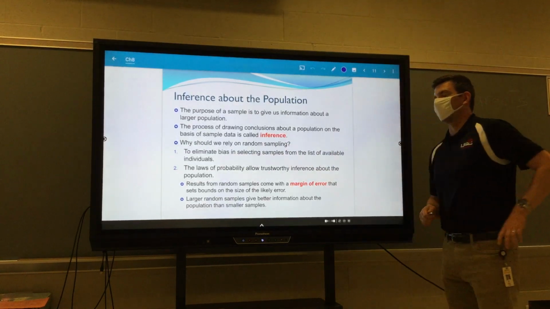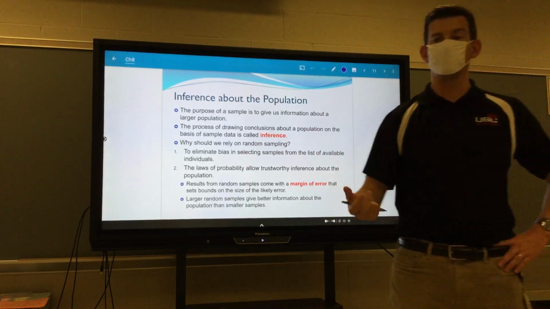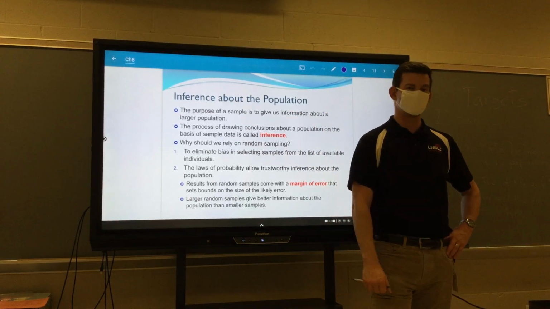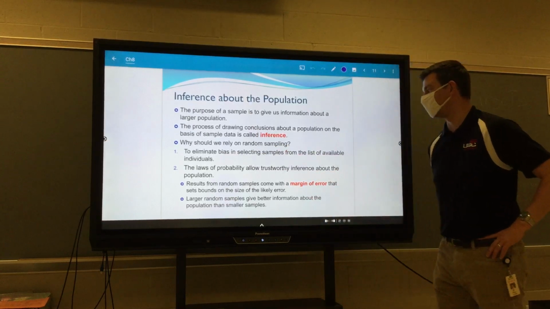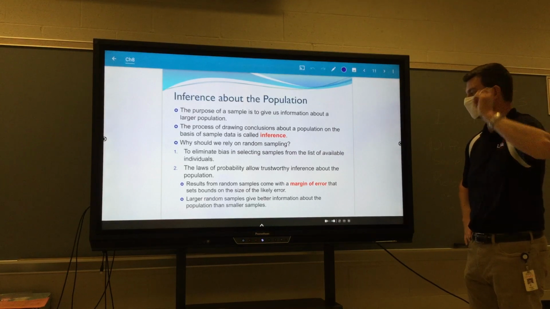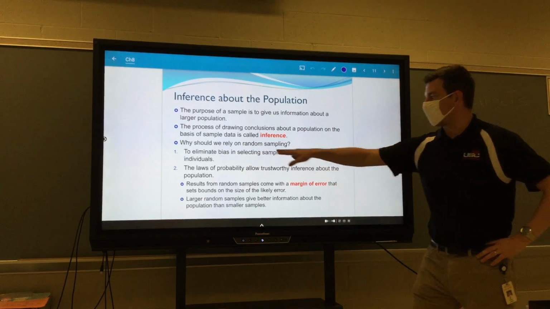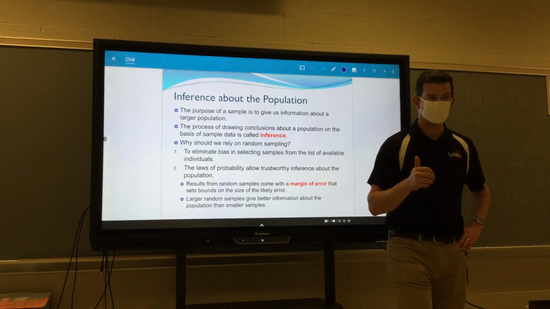Why should we rely on random sampling? This comes down to that same question about whether we should still hold our nationwide census every 10 years. Well, it helps us eliminate bias in selecting samples from the list of available individuals. Again, bias is not just in the wording of questions.